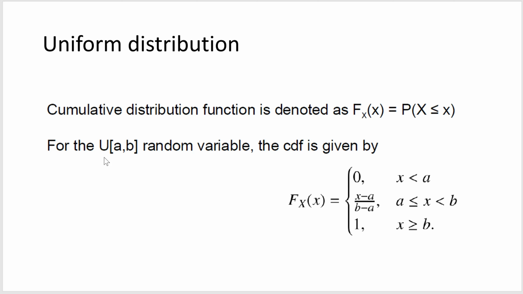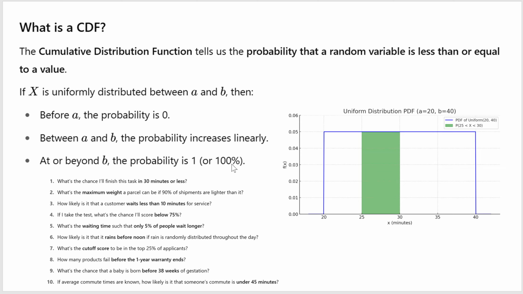So for a uniform distribution that spans between a and b, the cumulative distribution function is given by capital F of x, with 0 if x is less than a, this thing if x is between a and b, and 1 if x is greater than or equal to b. So let's have a look at an example that sheds some light on this. The cumulative distribution function tells us the probability that a random number is less than or equal to a value.